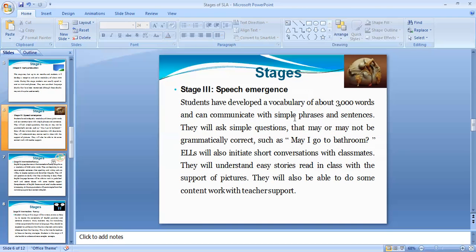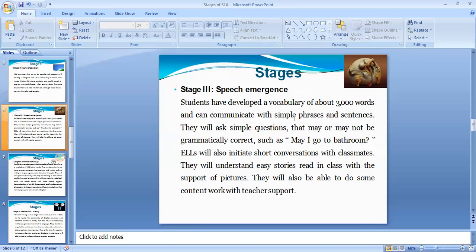With this period of time, the learners can develop 3,000 words.